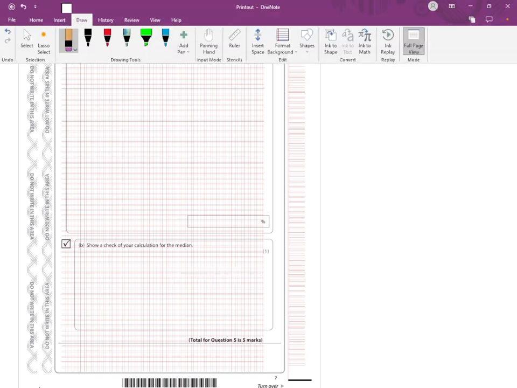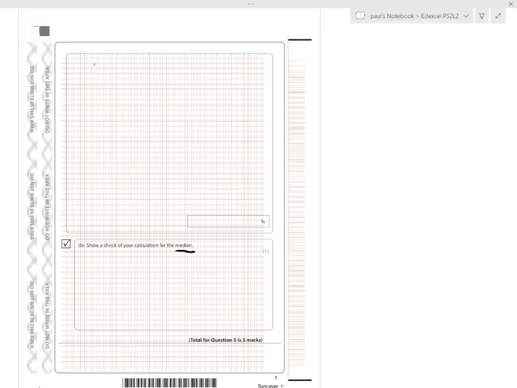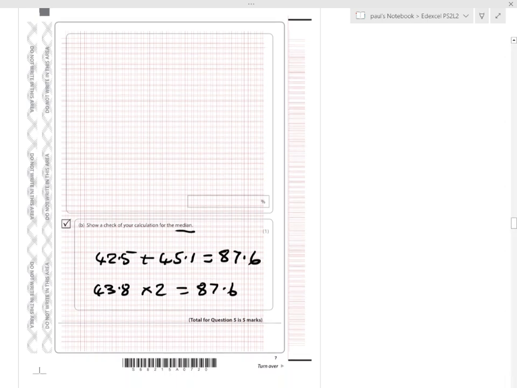We're only asked to check for the median. I've just spotted that. So we're going to do 42.5 plus 45.1 is 87.6, or 43.8, which is the median, times that by 2, and it still makes 87.6. I'll do it that way. Now get back to this one.